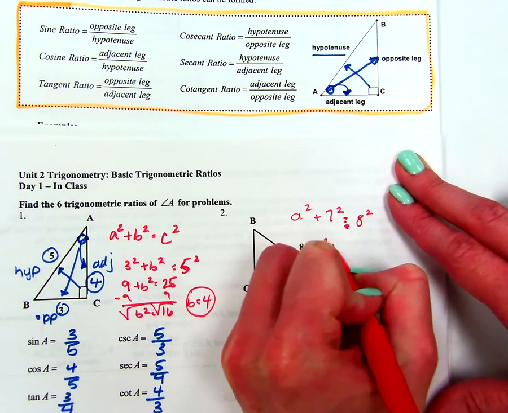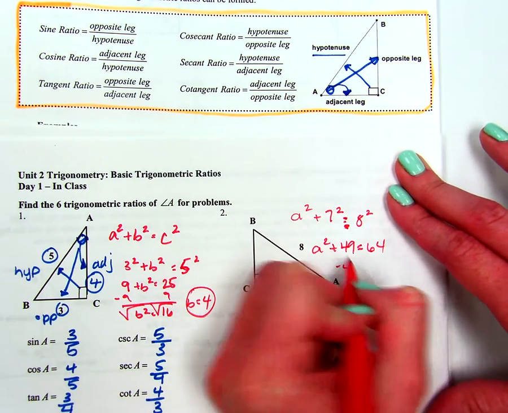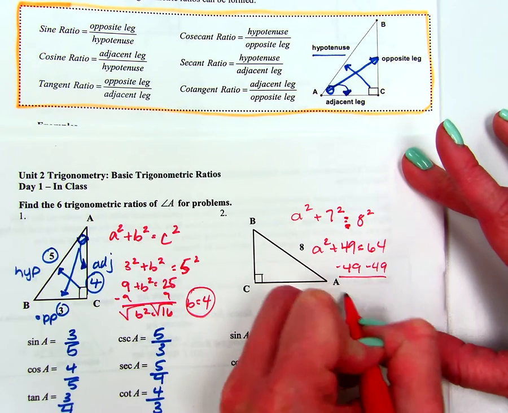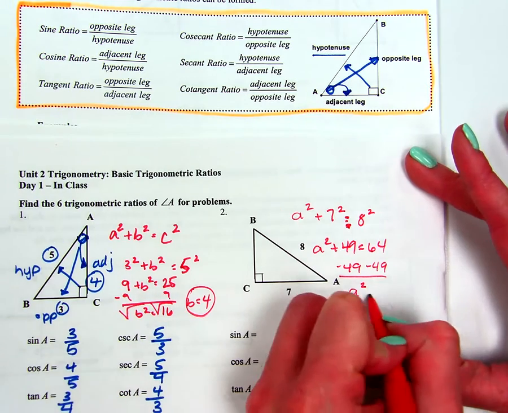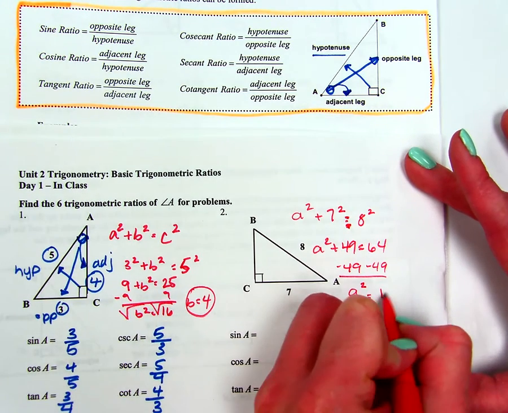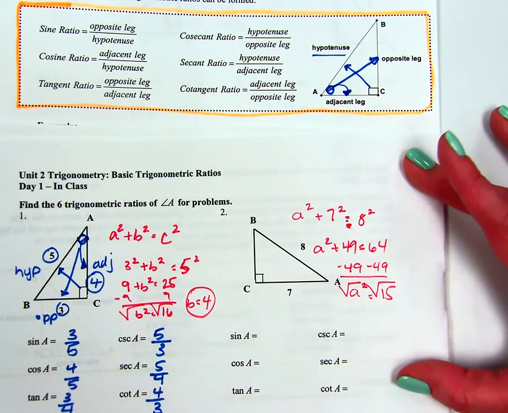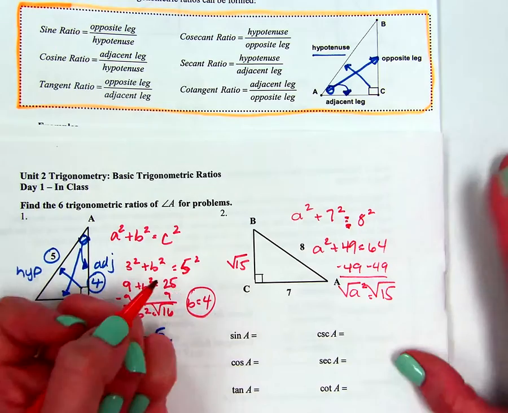So I have a squared plus 49 equals 64. So a squared equals 15. So we'll take the square root of that, and that's the square root of 15 then. So our side over here is the square root of 15.